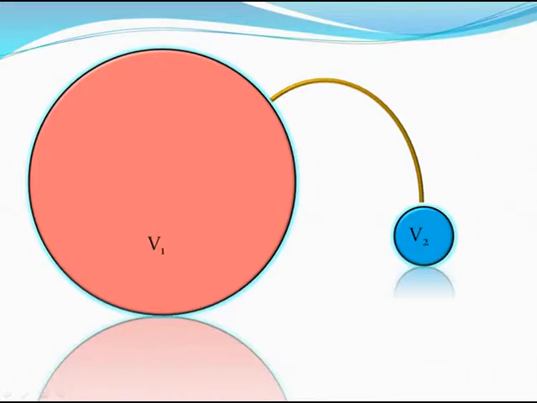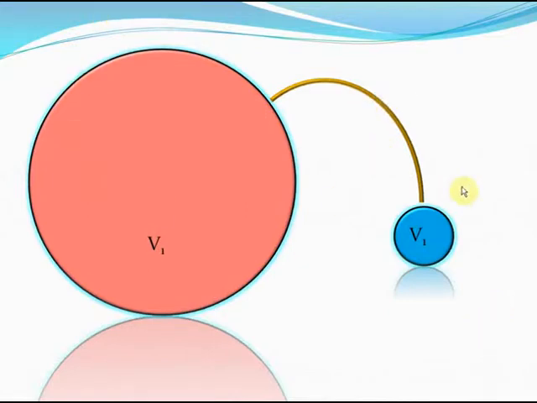Did you get what I said? When there are two bodies and one of them is really large compared to the other body, in that case the net final potential of both the bodies becomes equal to the larger body. So in this case the potential of both the bodies after some time will become V1. Understood? Now this is a very interesting phenomenon.